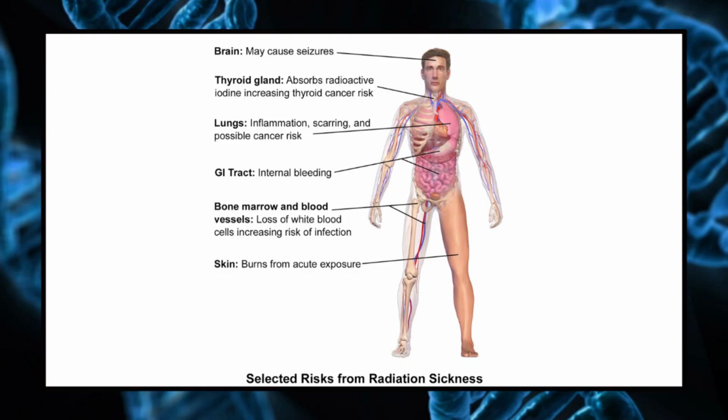So the areas where you've got cells that are dividing more frequently include the bone marrow, which is where your blood cells are created: your red blood cells for carrying oxygen, your white blood cells, the majority of which are created in the bone marrow, which is your immune system, and your platelets, which you need for blood clotting. So radiation can then cause what's called aplastic anemia, which means that the bone marrow just stops producing blood cells, and that leads to anemia because you have reduced oxygen carrying capacity.